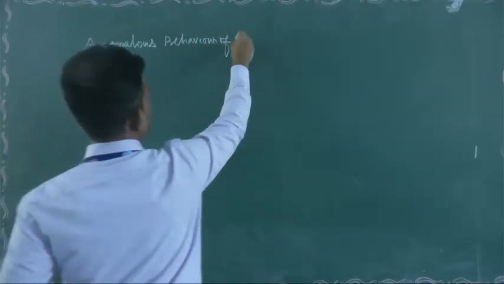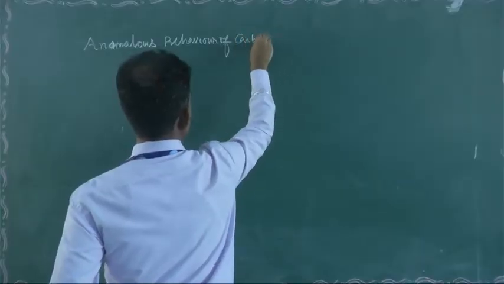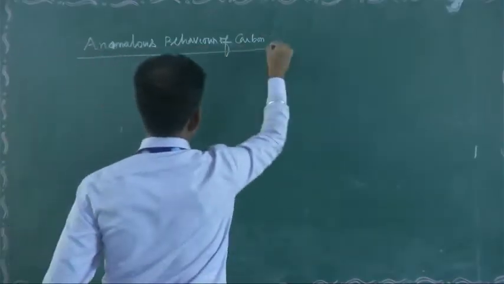Is it clear? What is the meaning of anomalous behavior? Different behavior when compared to its group elements. What is the behavior of the group elements? Different. Is it clear?